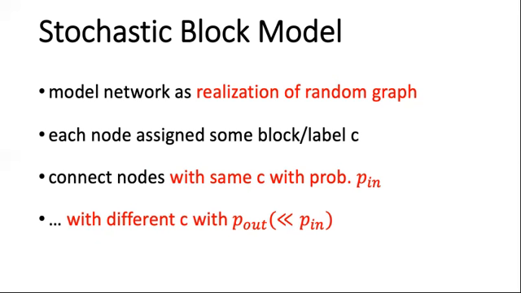And on the other side, we connect nodes with different block indices or different label values C with a much, much smaller probability P_out. In this work, we assume that these two parameters, P_in and P_out, are given. So these are fixed model parameters of the stochastic block model. In general, we might need to estimate them from data using some inference method, but this is outside the scope of this paper.